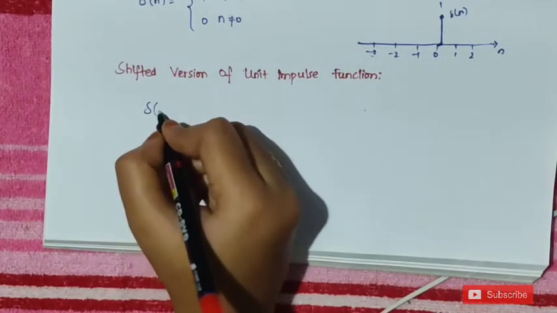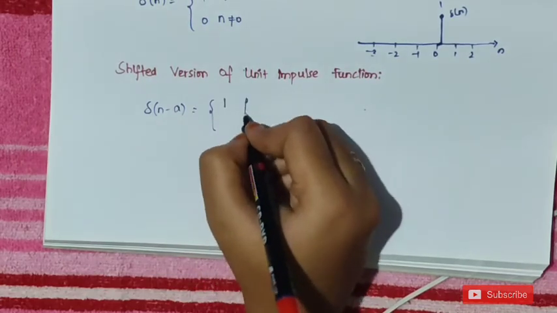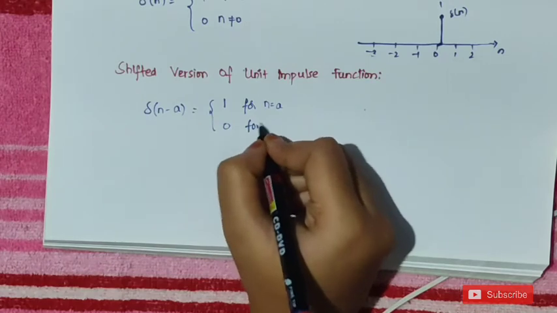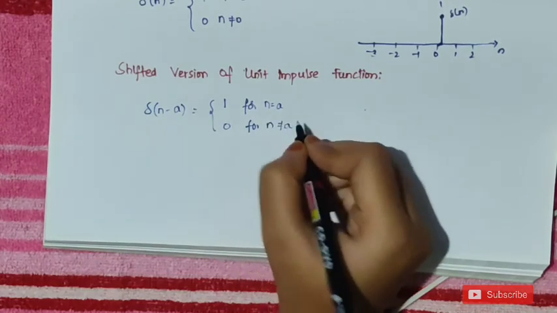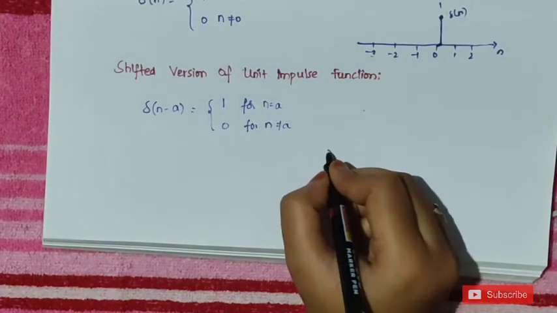It can be written as delta of n minus a equals 1 for n equal to a and 0 for n not equal to a. Let us see the signal for this.